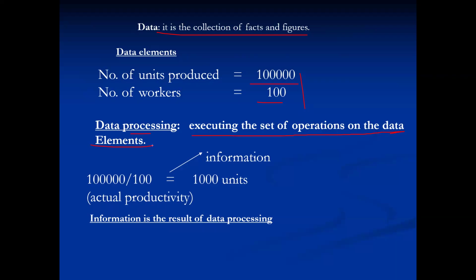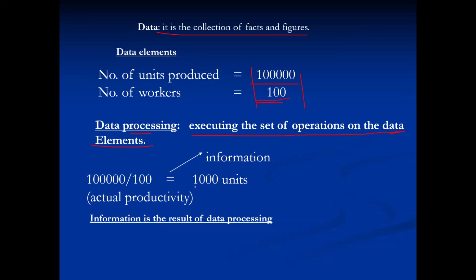The operations may be arithmetic operations, algebraic operations, or sometimes just a rearrangement of the data elements is also called processing. Let us apply one arithmetic operation between these two data elements. I'm dividing total production by the total number of workers: 1 lakh by 100.